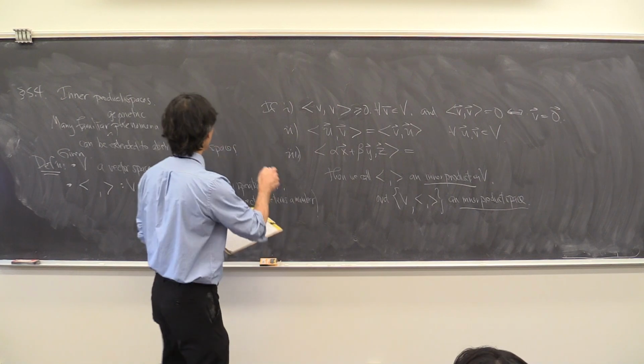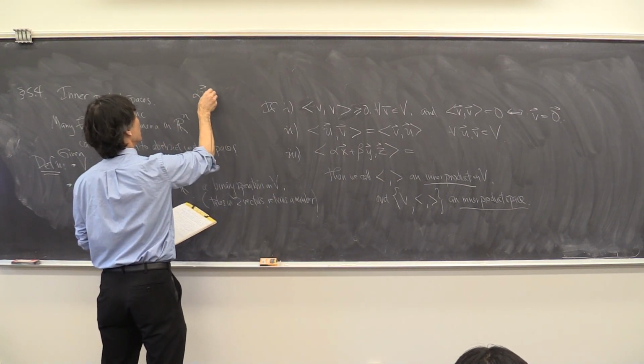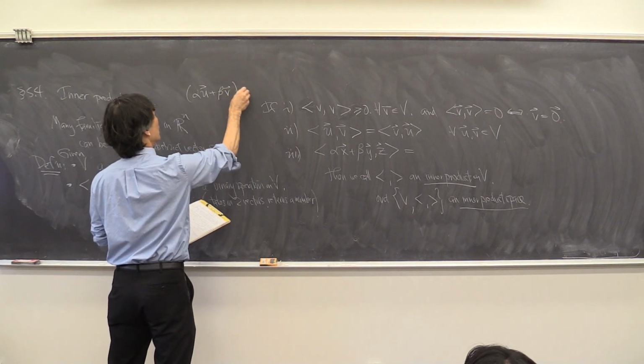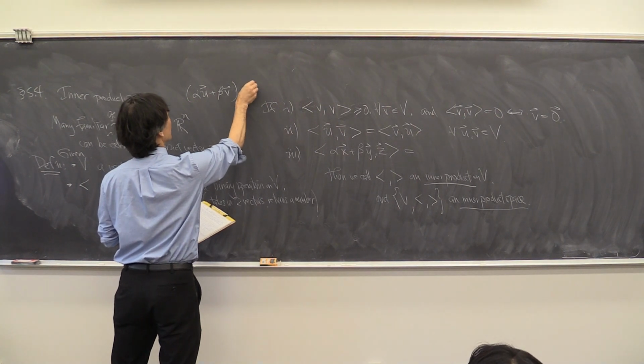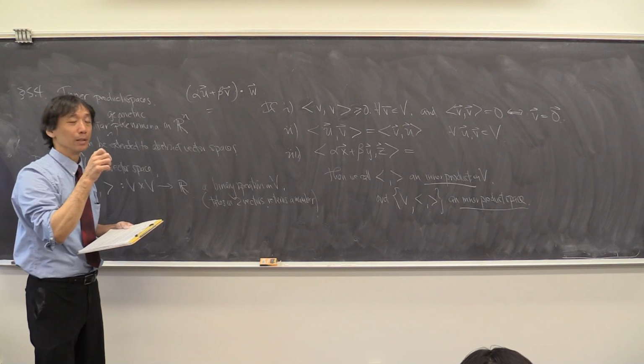Just think, if I have one vector and another vector, and I dot them against a third vector, w, what's going to happen?